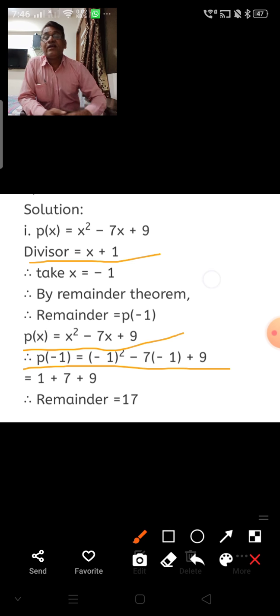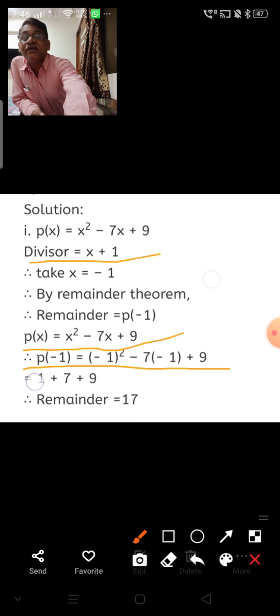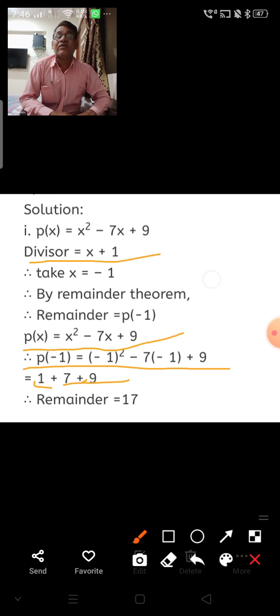Minus 1 square is 1, minus times minus is plus 7, and plus 9. So we get 1 plus 7 is 8, 8 plus 9 is 17. The remainder is 17. In this way you can find the remainder of the given polynomial.